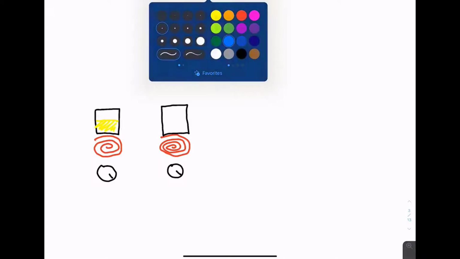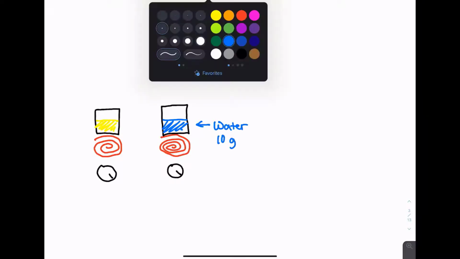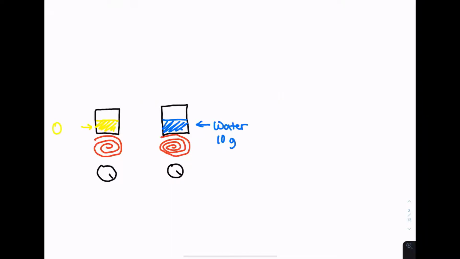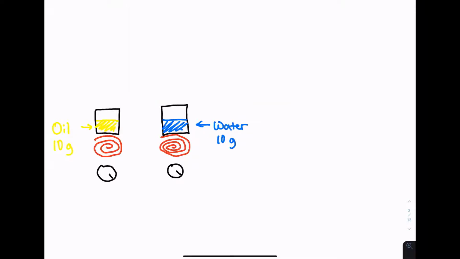But let's say that one of these pots is filled with oil and the other pot is filled with water. Let's also say that both of these pots contain 10 grams of each of their components. And so my question for you is, which one gets hot first?